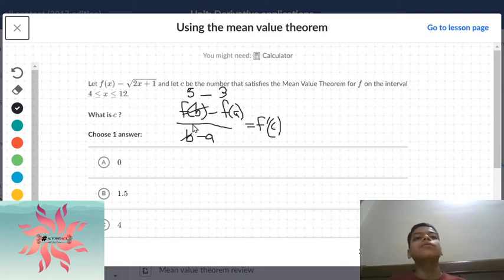b is 12, a is just 4. So this thing will be equal to 2 divided by 8. This will be 1/4.